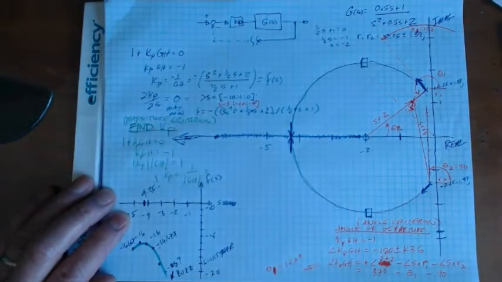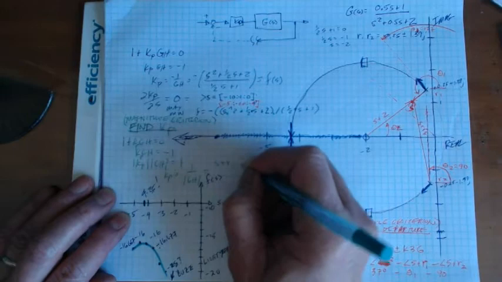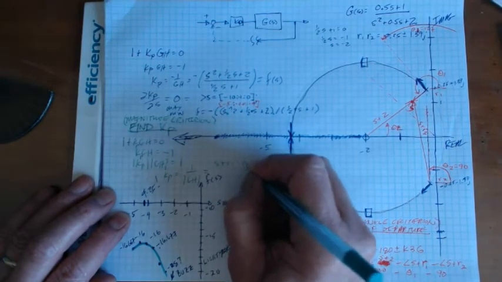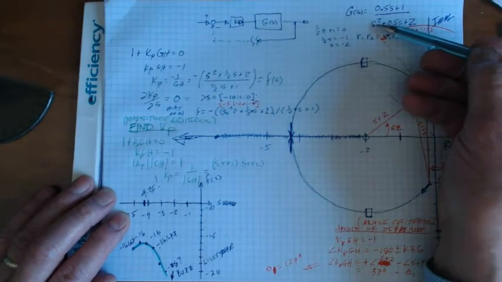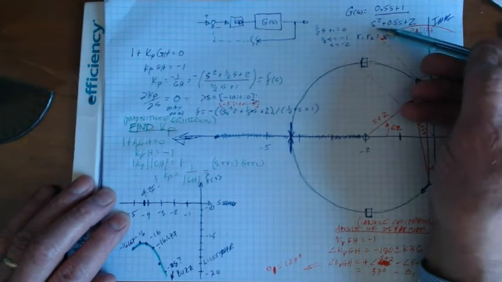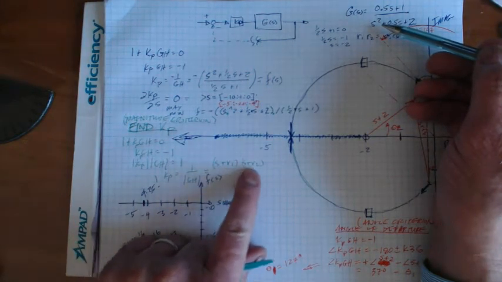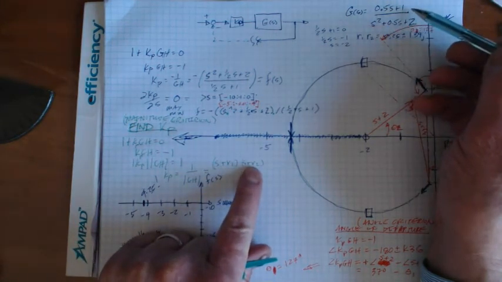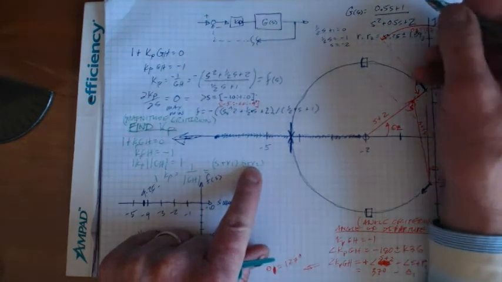And the magnitude of GH is easy enough to do because this is S plus R1, S plus R2, right? And I have it in the right form, S squared. If I had a leading coefficient here, I'd want to divide through by that leading coefficient so that I can write this vector, S plus R1, and this vector, S plus R2. Now you'll notice here, I do not have a leading coefficient, and so I'm going to change that.